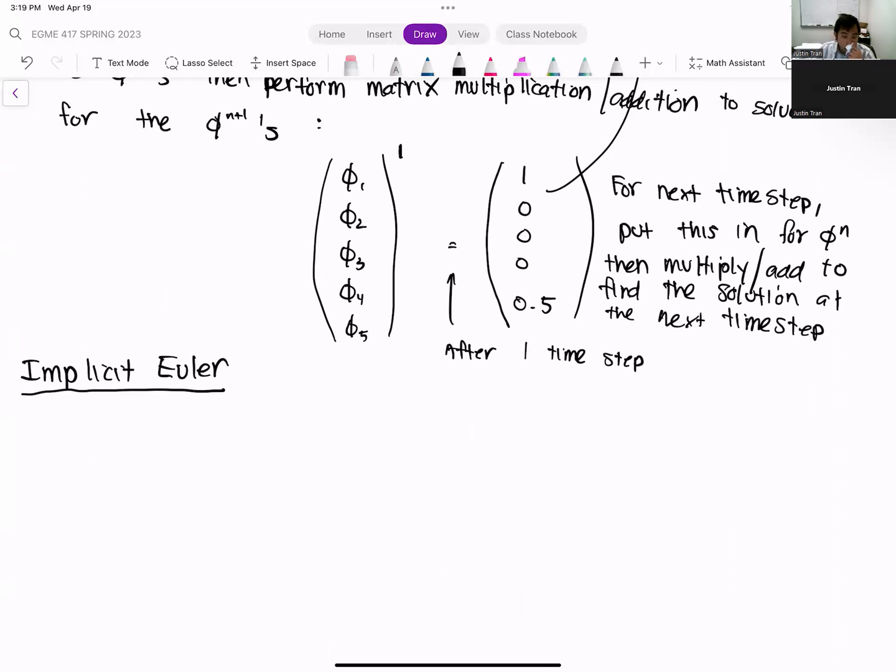For implicit Euler, this is a situation where instead of applying n to all the other phi terms, we're going to apply n plus 1.